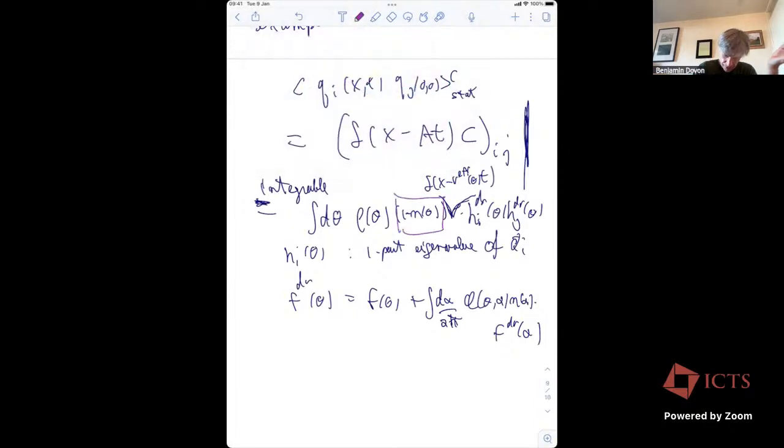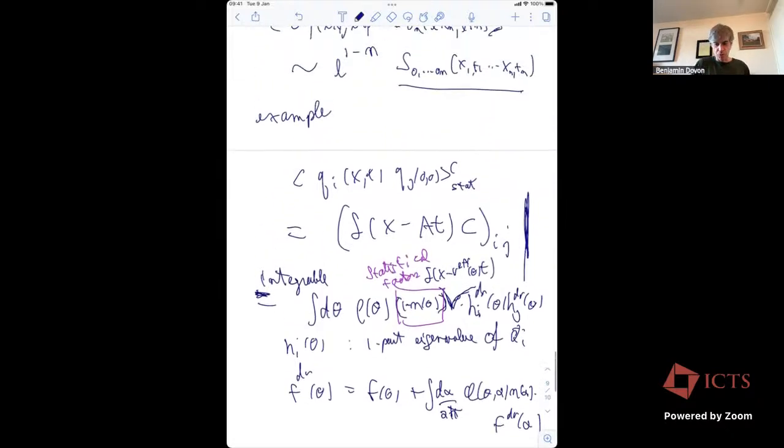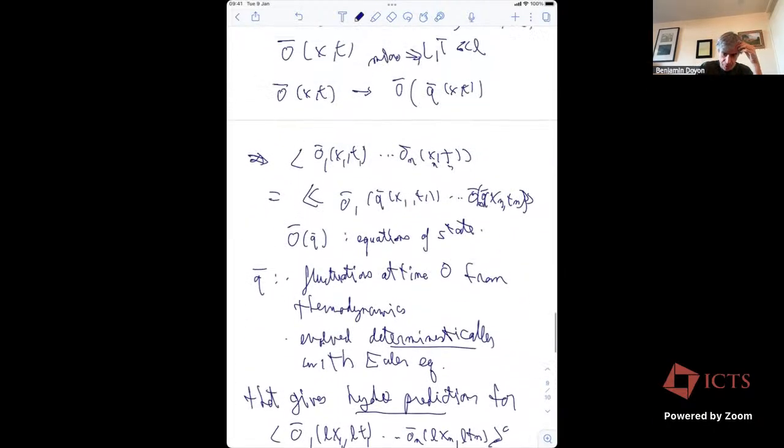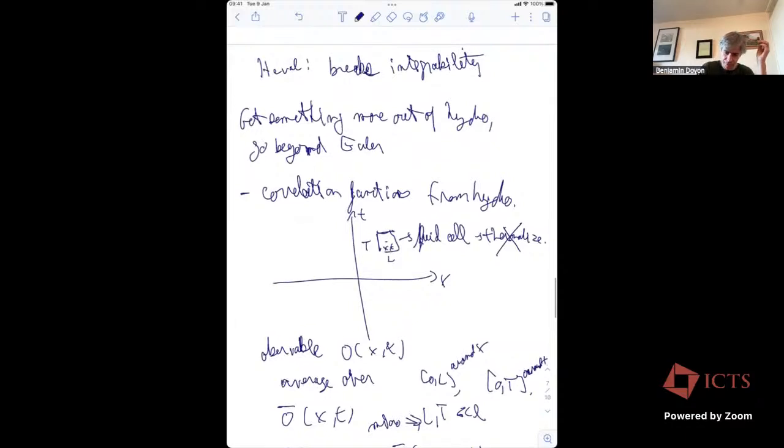Here, 1 minus n is the statistical factor for fermions, because in the Lieb-Liniger model, asymptotic particles are effectively fermions. But in hard rods, you would have just one, which is the factor for classical particles, etc. But then it's a general formula. And it comes out from this general theory. Okay, so this is kind of the next step. I should stop now. And from that next step, what more can be done? Correlation functions.